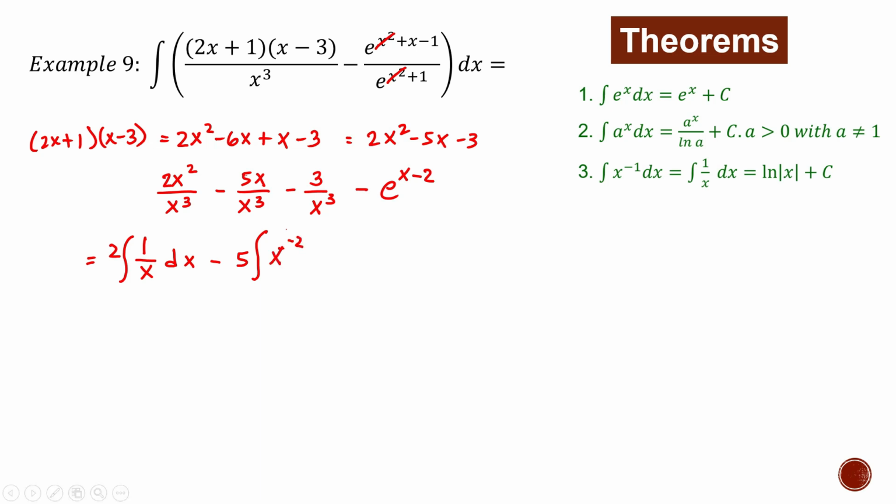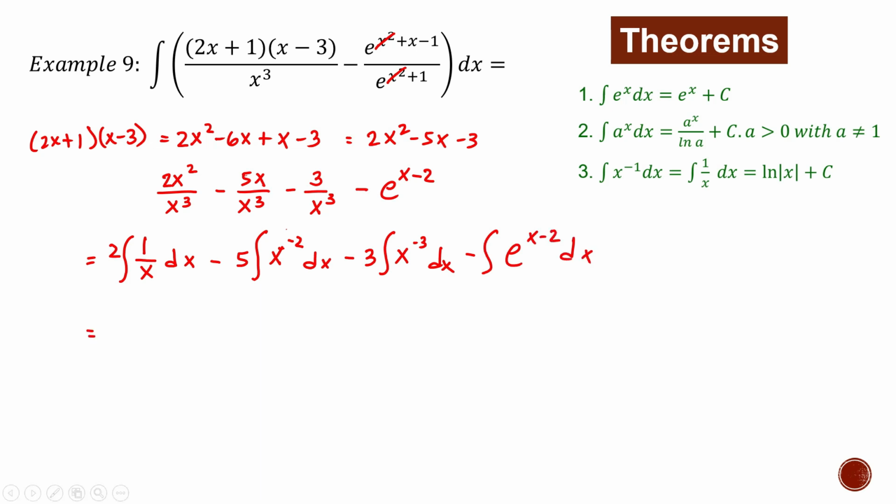Let's just use that. And then dx, forget the dx, minus 3, and then x raised to negative 3 dx minus e raised to x minus 2 dx.